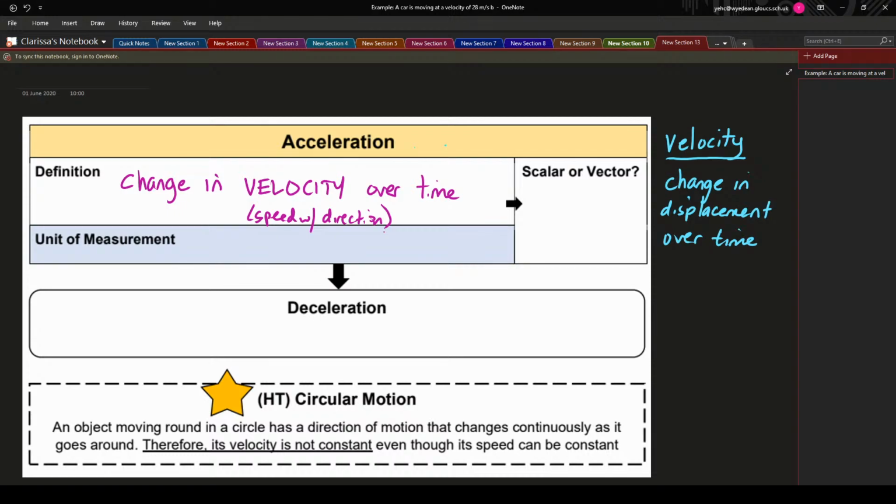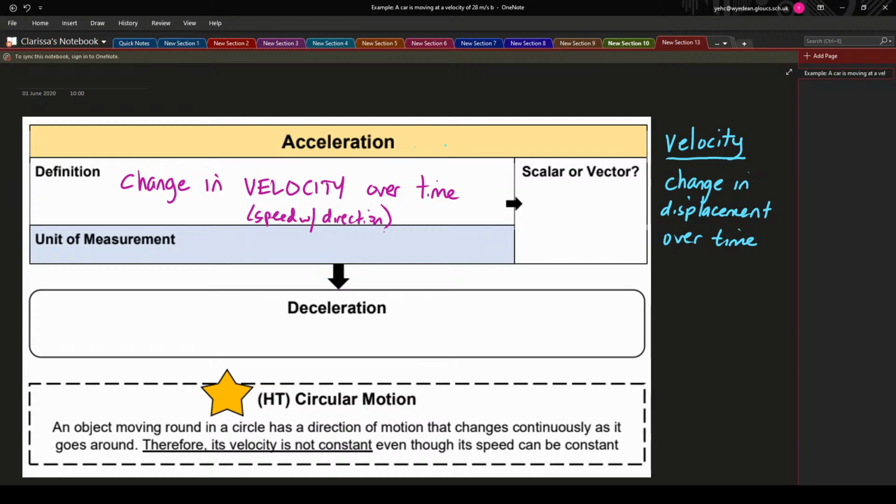But I also want to point out, we're going back to scalar and vector now, and we have talked about this before if you watched previous videos. All the way back in the forces topic, we introduced scalar and vector. Remember, scalar is a type of quantity that only has magnitude, so only has a number of how big or small it is. But vector is a number that has a particular direction to it as well. Force is a vector, velocity is a vector because it's a speed with direction.